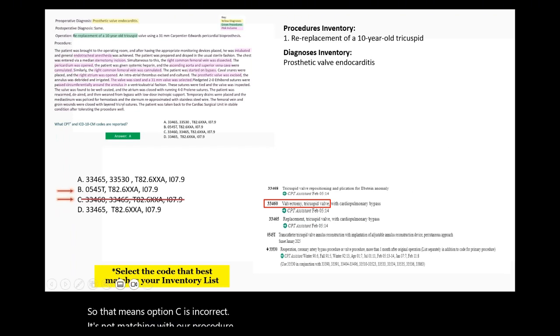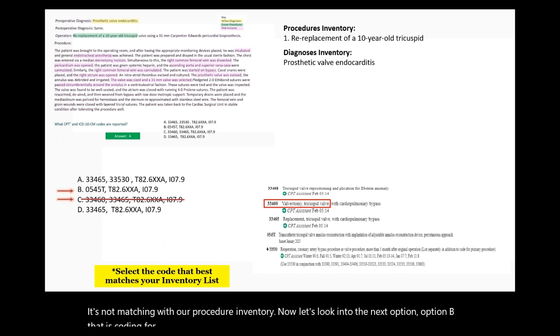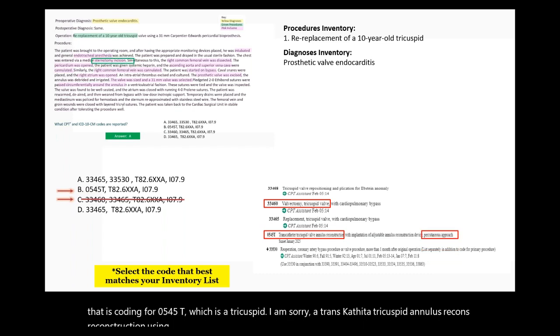Now let's look into the next option. Option B is coding for 0545T, which is a transcatheter tricuspid annulus reconstruction using a percutaneous approach. But we have an open procedure performed.